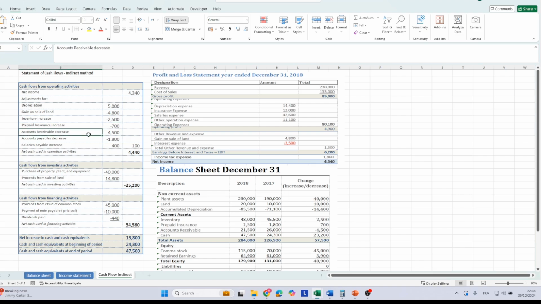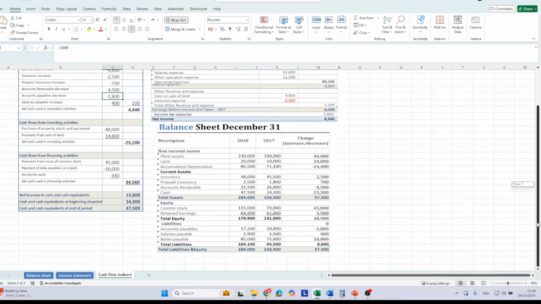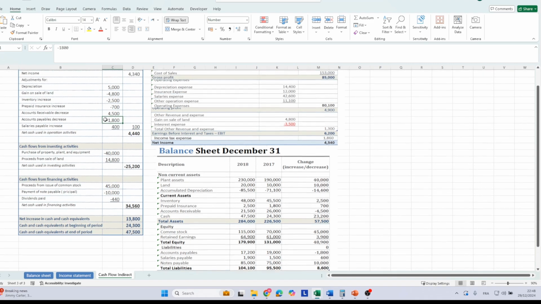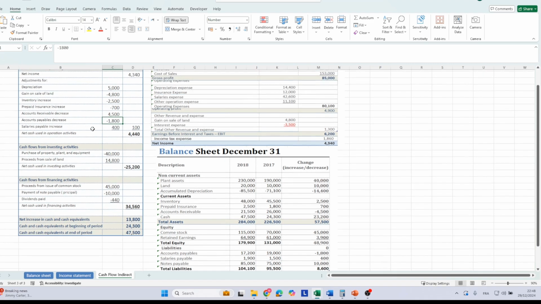Then accounts receivable decreased by 4,500, so we add. Minus, we get plus. Then a decrease in account payable. Account payable is a liability account, and it decreased by 1,800, so we keep it minus as well.